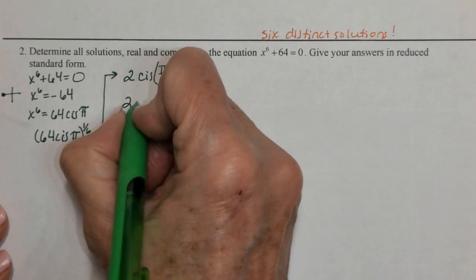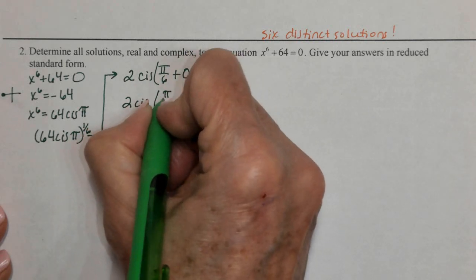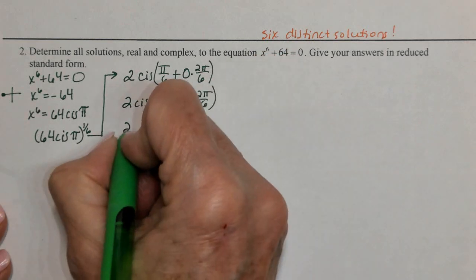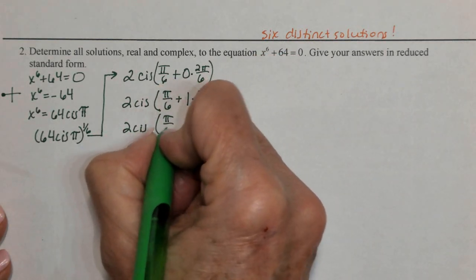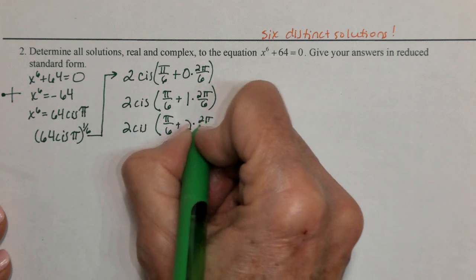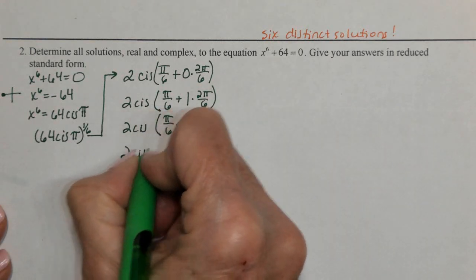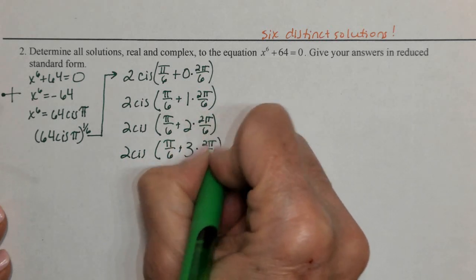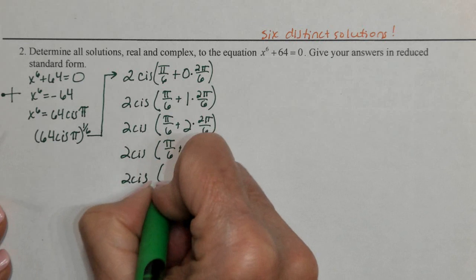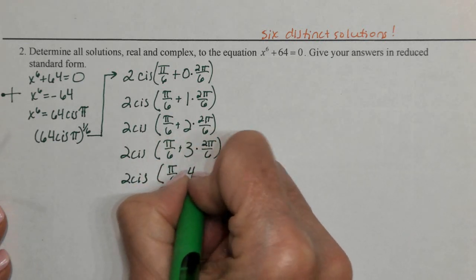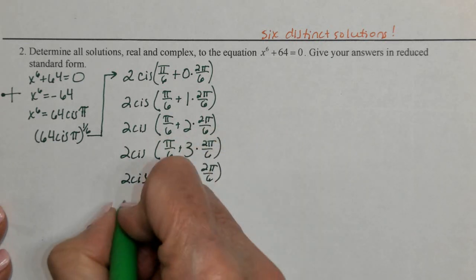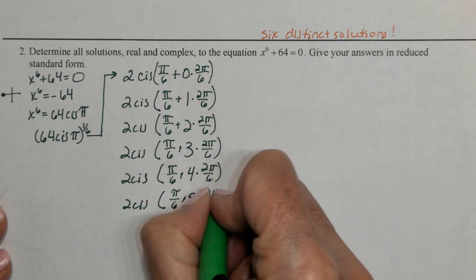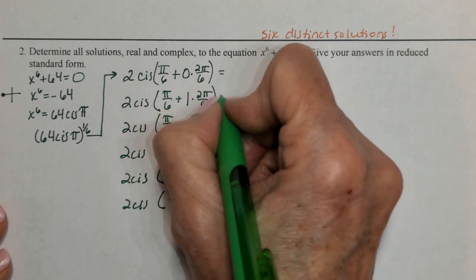The next one in the pattern: pi over 6 plus 1 times 2 pi over 6, 2 times 2 pi over 6, 3 times 2 pi over 6, 2 more, 4 times 2 pi over 6, 5 times 2 pi over 6. Okay?